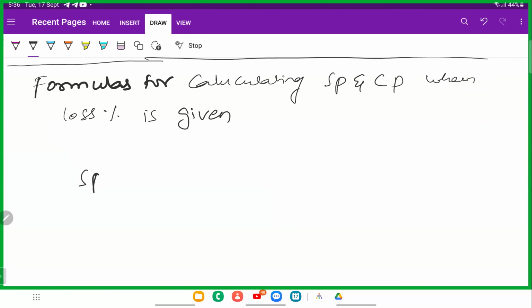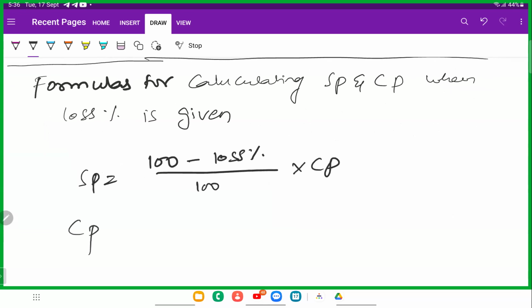So SP is equal to (100 minus loss percentage) by 100 into CP. Similarly, CP is equal to 100 into SP by (100 minus loss percent).